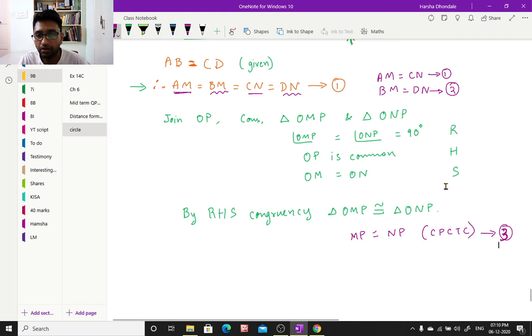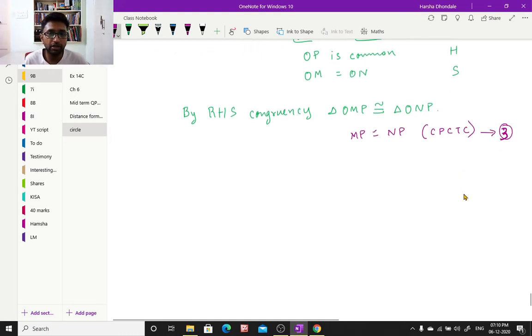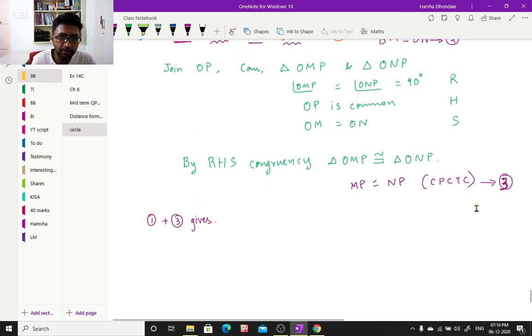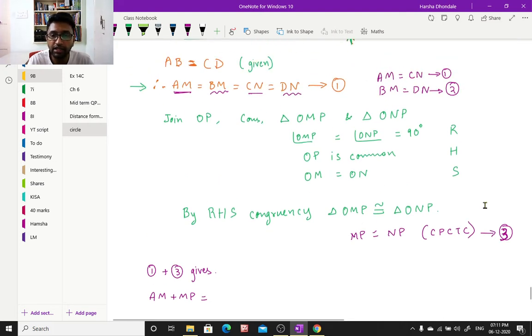Now equation 1 plus equation 3 gives AM plus MP is equal to CN plus NP.